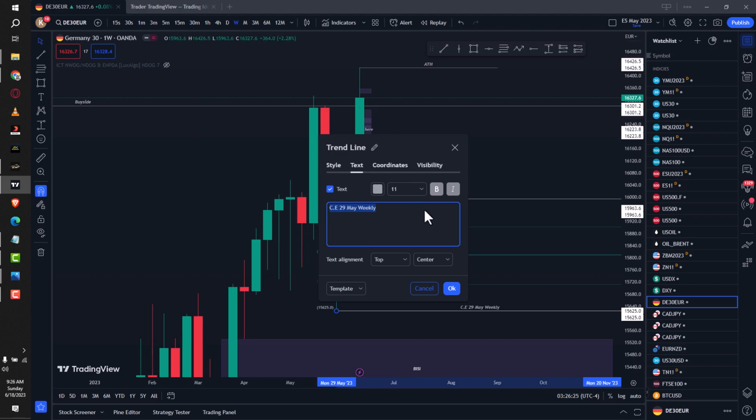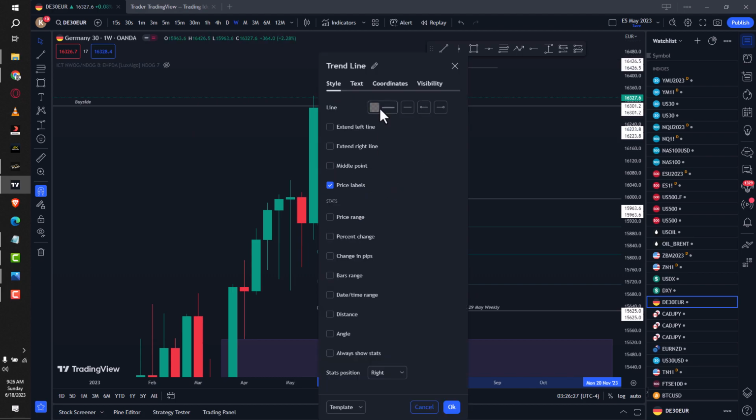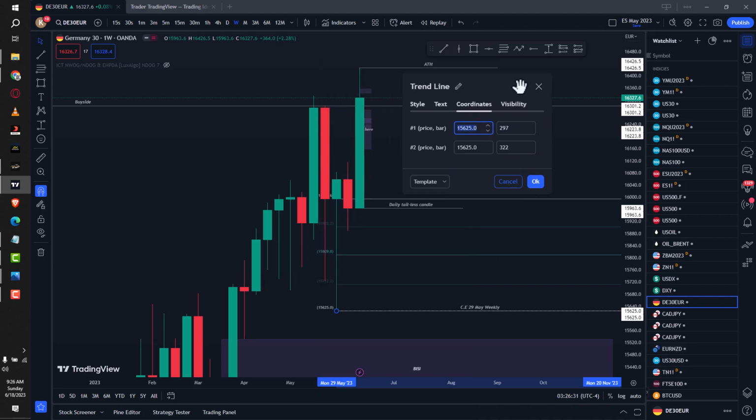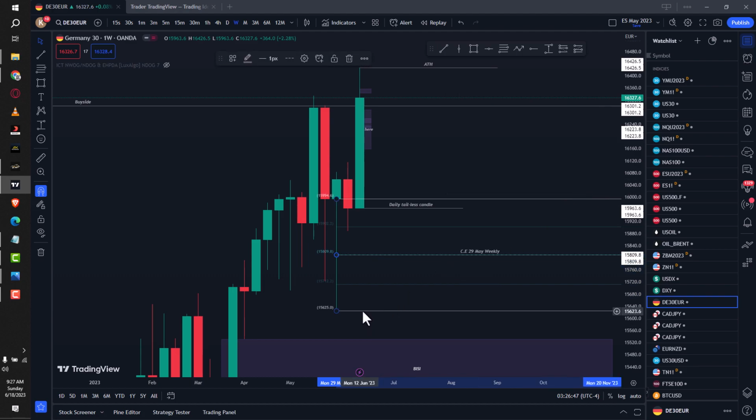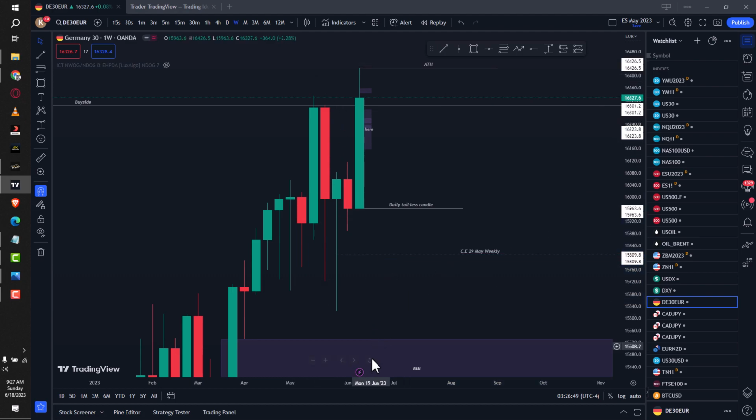The coordinates of that level is supposed to be 15809.8. So now we can remove this Fibonacci.